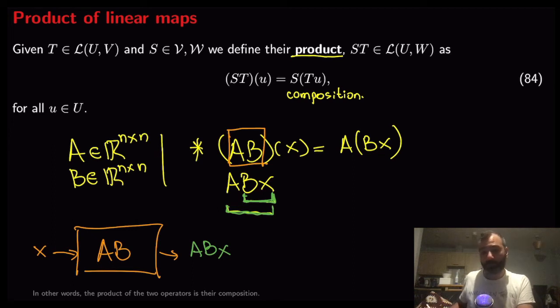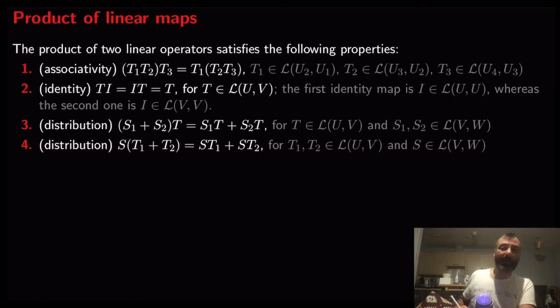So this is the product now, but the product of linear maps. These things don't need to be matrices, but they work like matrices. And the product of linear maps has these obvious properties. For T1, T2, T3, it doesn't matter whether you do T1 T2 first and then T3, but the order matters. So T1 times T2, same as with matrices, is not equal to T2 times T1.